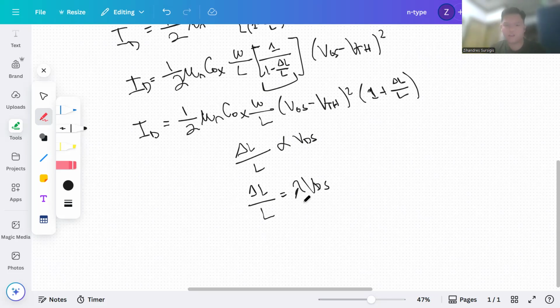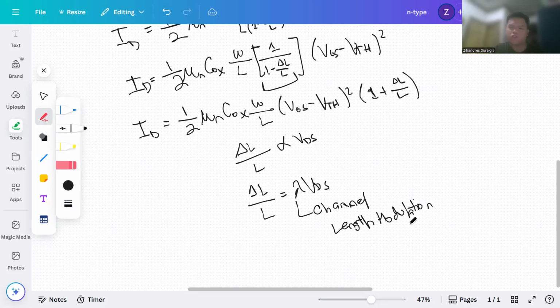And this lambda right here is what we call the channel length modulation coefficient.